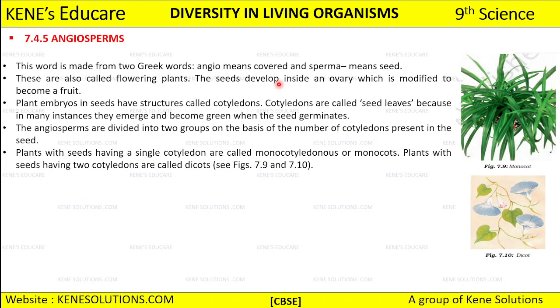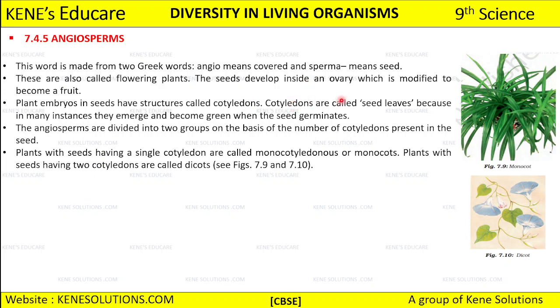The plant embryos in seeds have structures called cotyledons. The plant embryo that we have in the seed has a structure which we call a cotyledon. If you remember, angiosperms are divided into two, monocots and dicots. If they have one cotyledon, they are called monocots. If they have two cotyledons, they are called dicots, right?